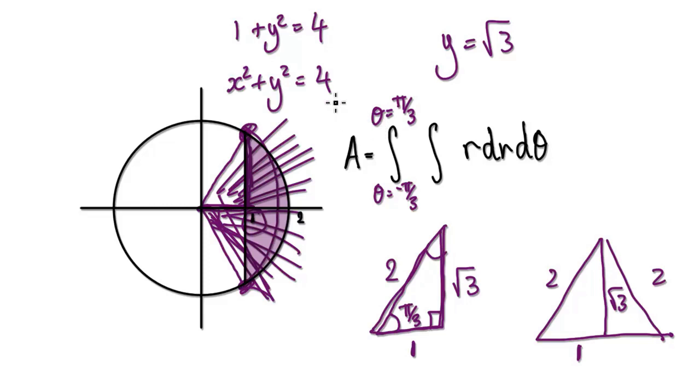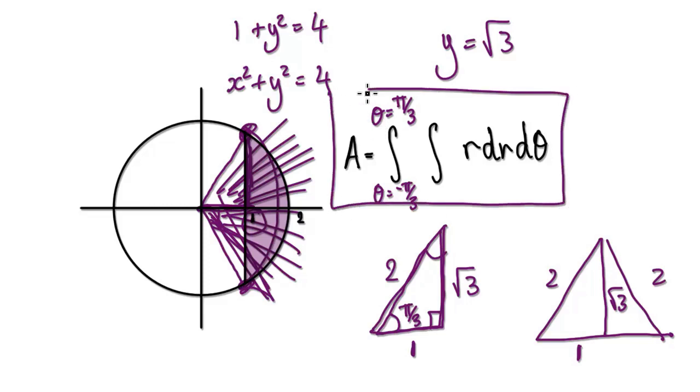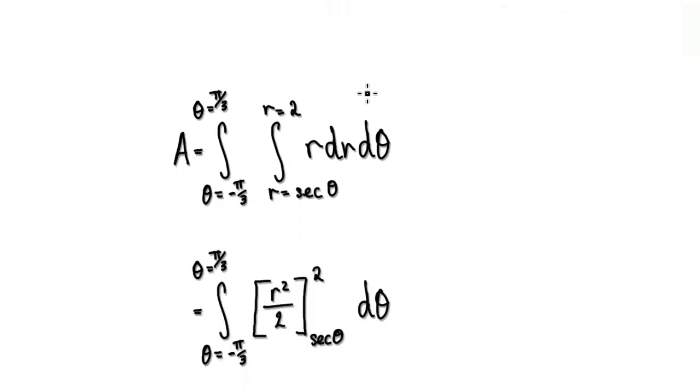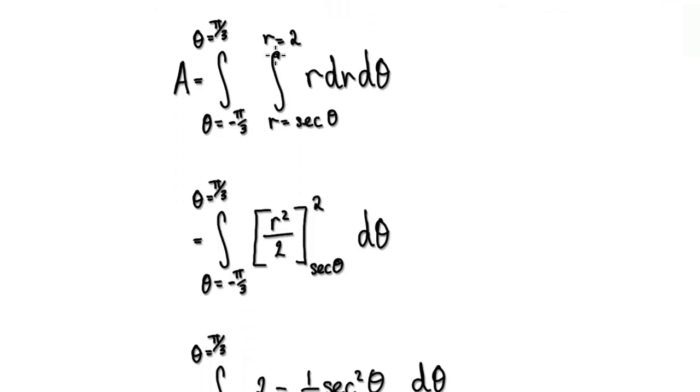So our final setup for our double integration is given by this. We enter at the radius of this, and we leave at a radius of 2. We're scanning from an angle of this to an angle of this. So the whole area is given by us trying to evaluate this.